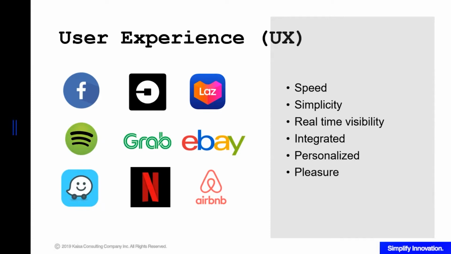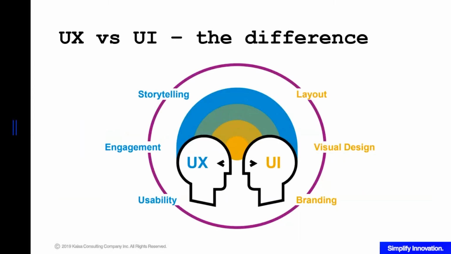So to understand what user experience is all about, let me differentiate the UX and the UI. UX is the user experience and UI is the user interface. When we talk about the UI, it is all about the layout, the visual design, the branding of the application.